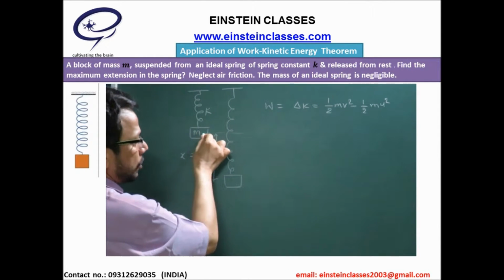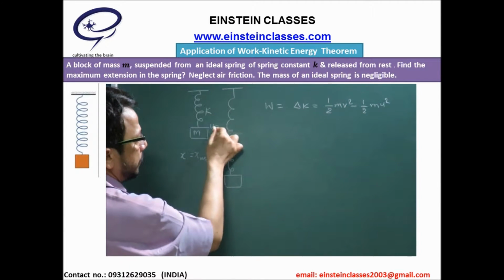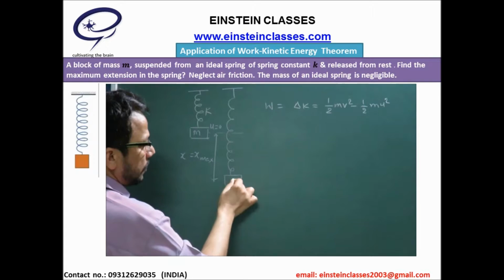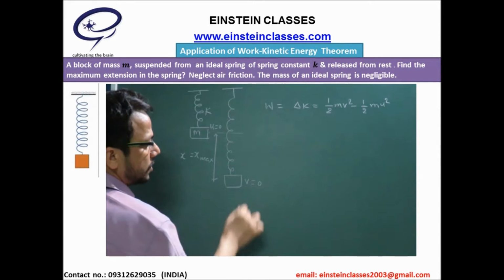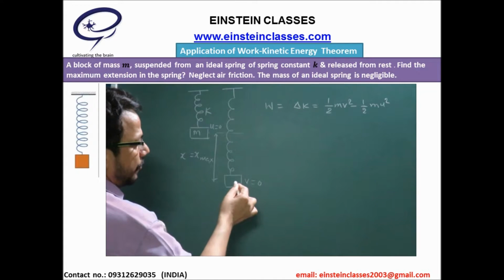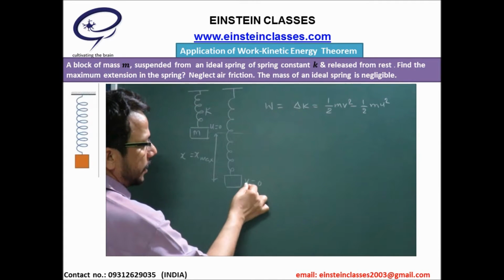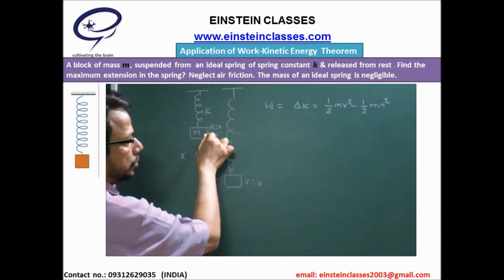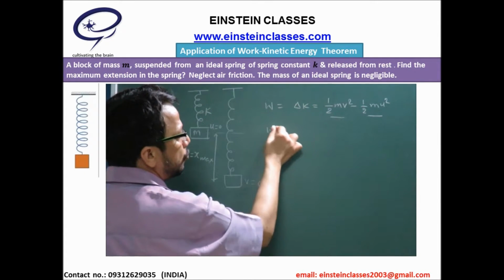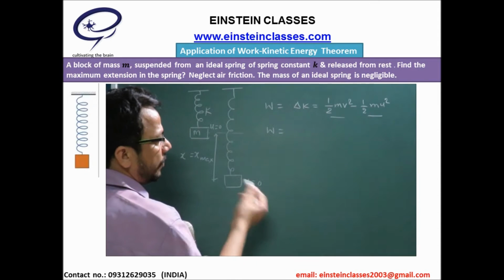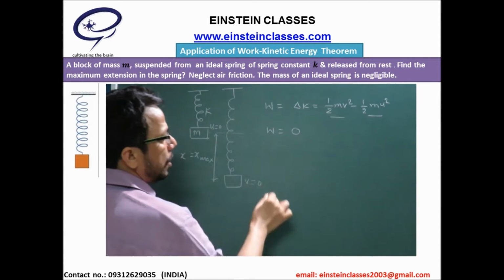When the block is released from rest, the block has speed 0, and when the spring has the maximum extension, the block again has speed 0. That way the final kinetic energy is 0 and the initial kinetic energy is 0. Hence the total work performed by the different forces comes out 0.